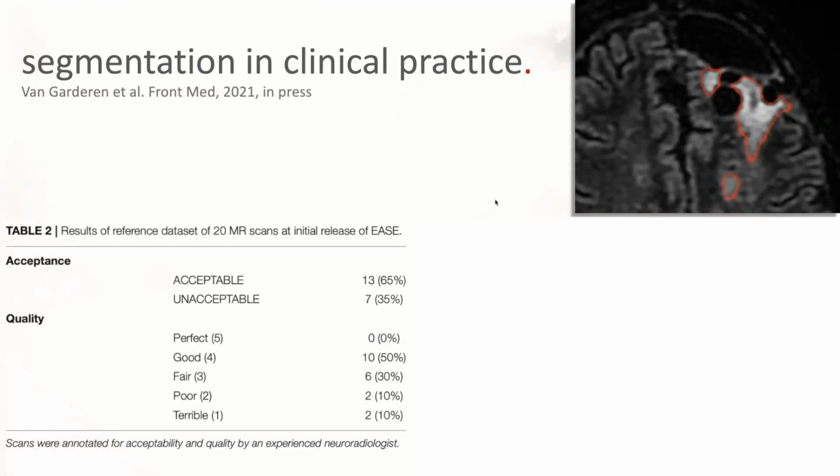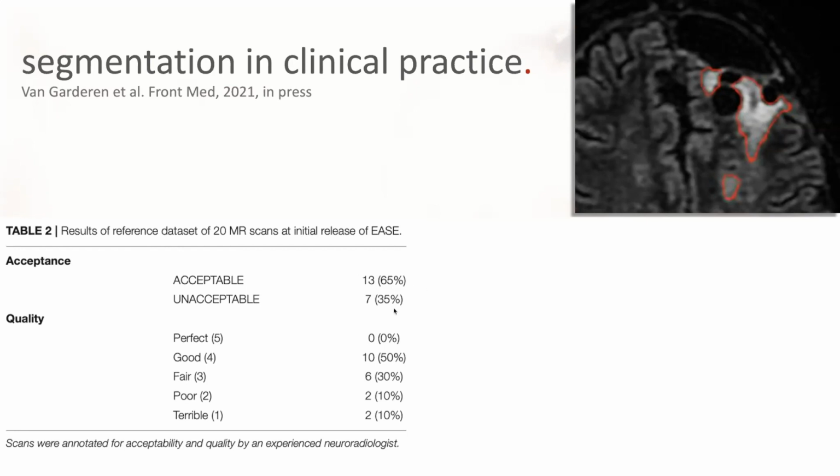So we used an algorithm that is available again from the Heidelberg group. We implemented this in our own pipeline called IDH, and we used a reference data set to assess whether the segmentations were acceptable or unacceptable. And you can see it's not perfect.